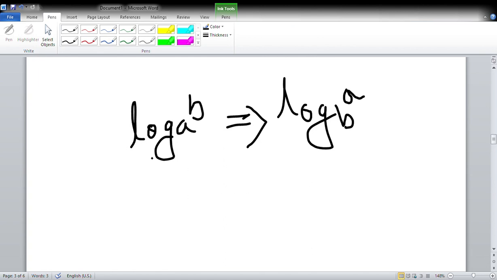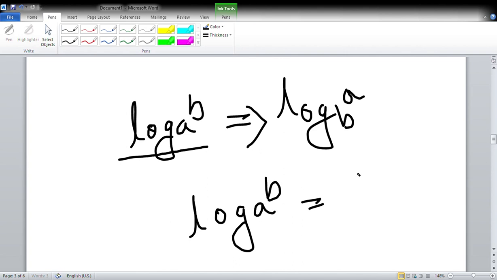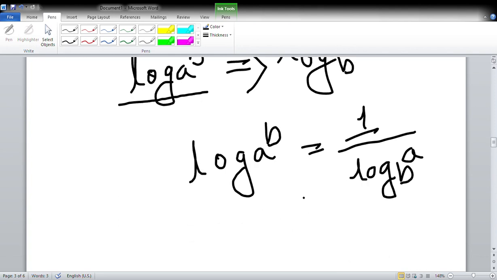If you have to change log b with the base a, you will reciprocate it. So if you write log b with the base a, simply write 1 by log a with the base b. Simply, if you make the reciprocation, it will be the same, right?